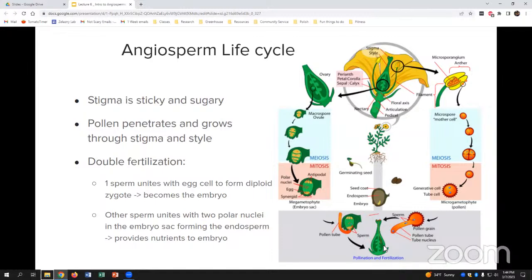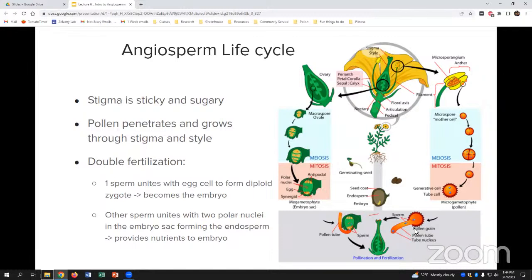And angiosperms are going to undergo something called double fertilization. So one of those sperm is going to get to an egg, become a diploid zygote, eventually forming an embryo. But the other sperm is going to unite with two of the other cells that we had in the gynoecium that were not the egg.